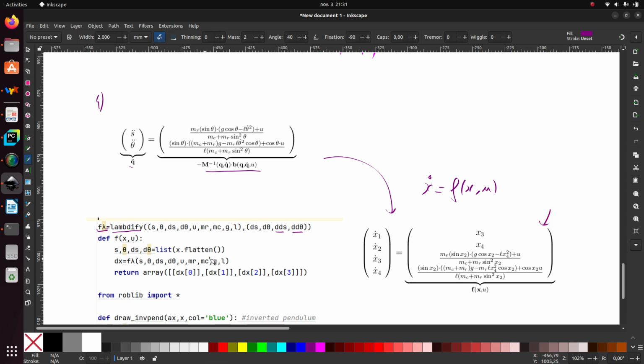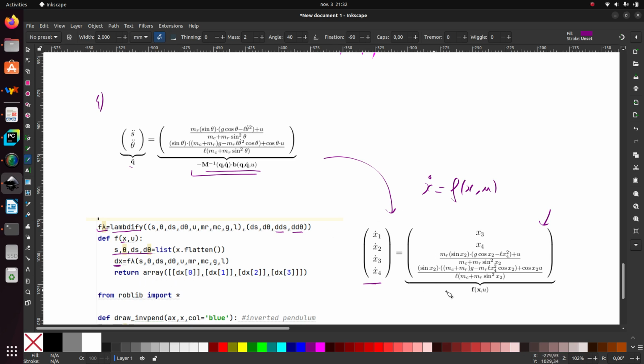So how do I do this? First, I take x as an input of f, and I will generate my variables s, theta, s dot, and theta dot. Thanks to the lambdified function, I will be able to have x dot directly, and then I will return x dot.